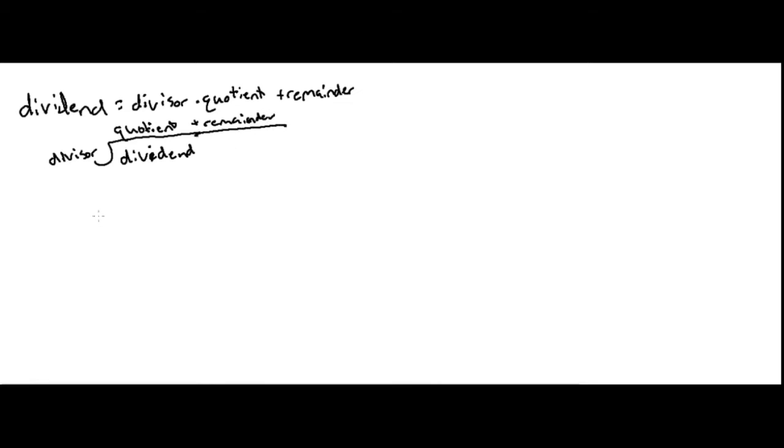So let's jump into an example problem. Let's say we have x plus 4, and it's going to divide 3x squared plus 6x minus 4.